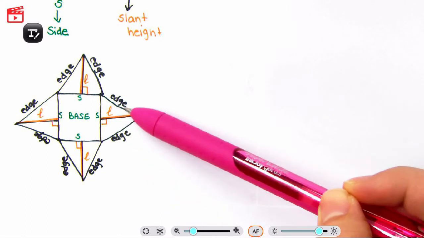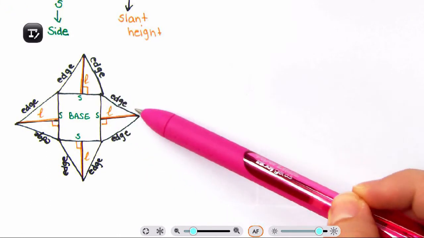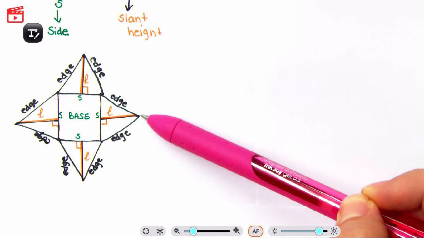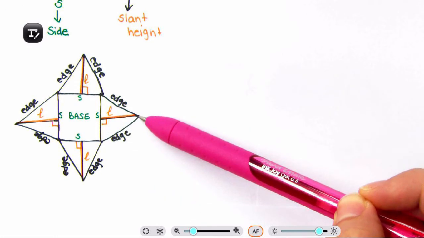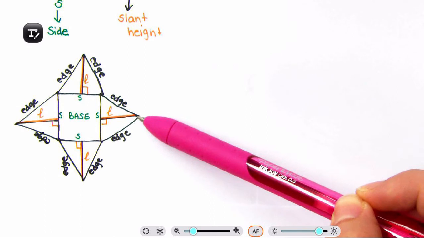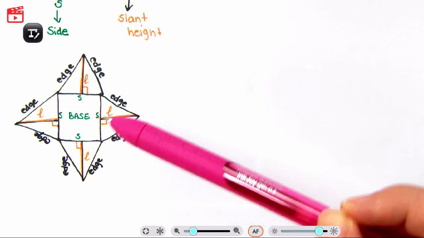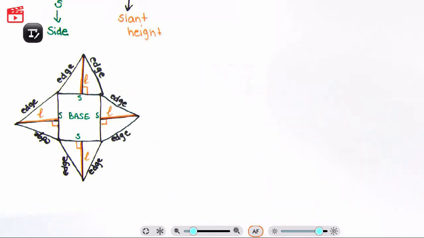So notice the difference. Your edge is going to be on the outside here of your triangle, which is your side of your pyramid. And then your slant height goes from the vertex, from the pointy part of the triangle, the top part, all the way down to the middle. That is the difference.